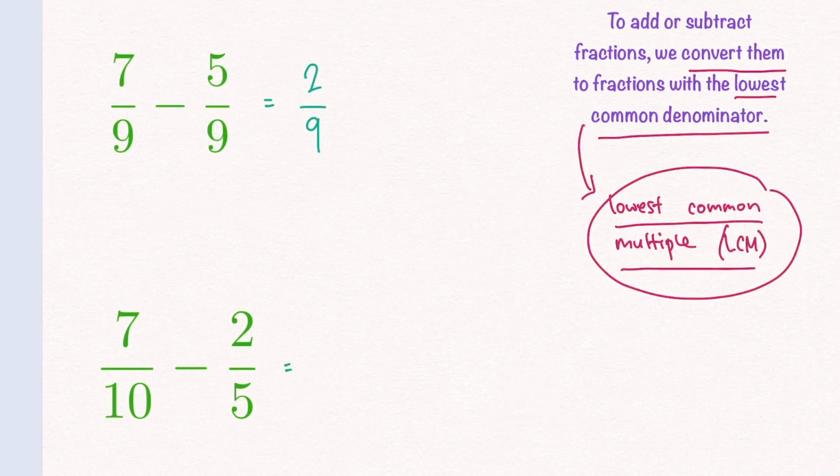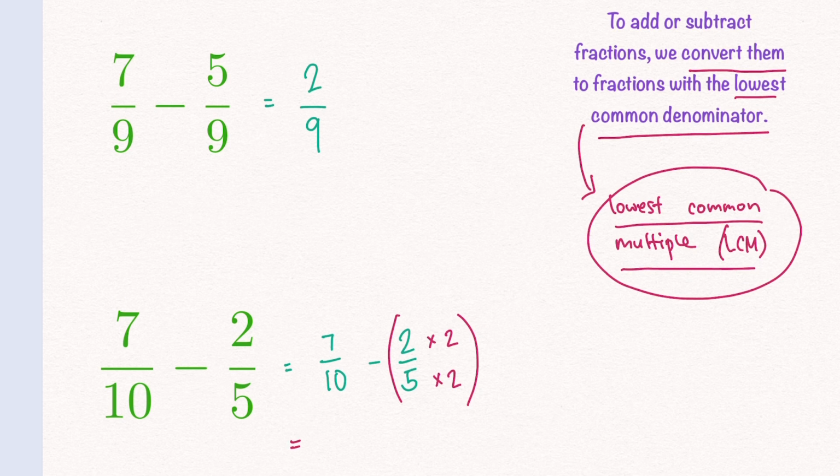So I need to leave 7 over 10 as it is, but for the second fraction, 2 over 5, I need to make the denominator become 10 by multiplying by 2. When I multiply the denominator by 2, I need to multiply the numerator by 2 as well.